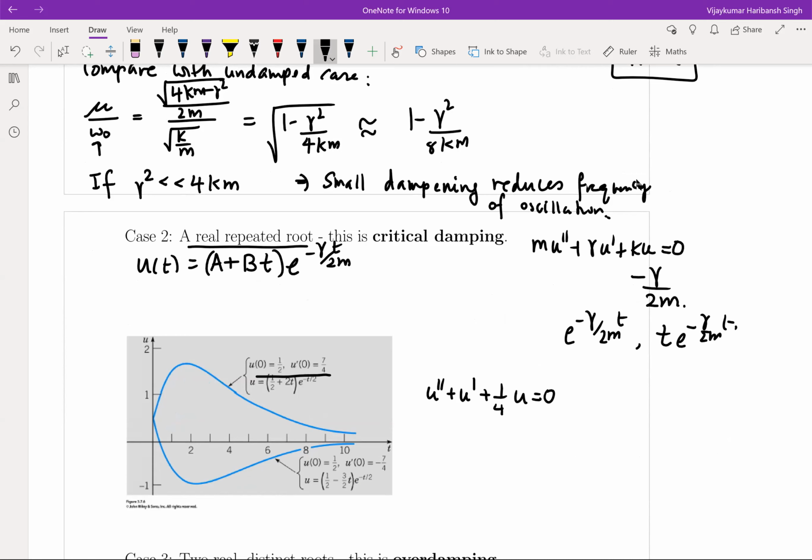In that case, you can see what happens is basically it takes one oscillation, but then it goes down. It doesn't oscillate anymore. So this is a critical damping. That means the solution no longer oscillates.